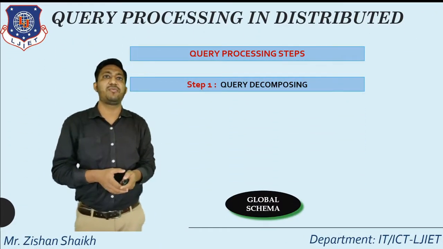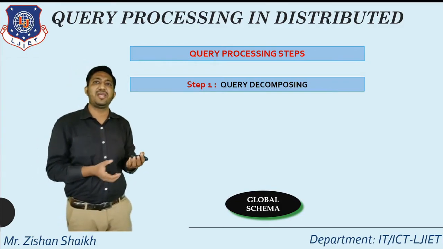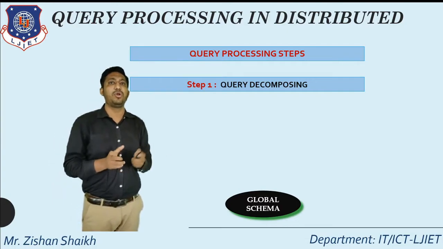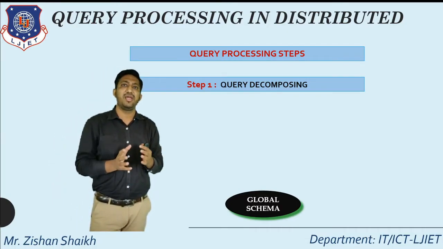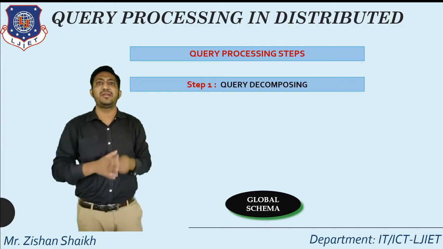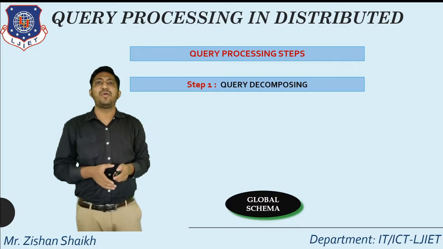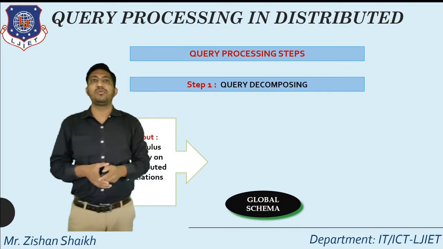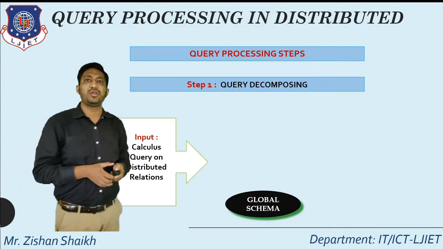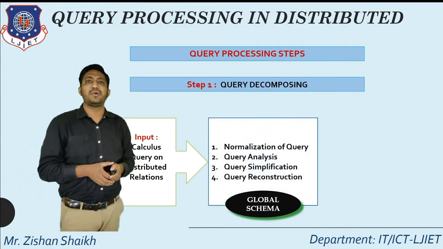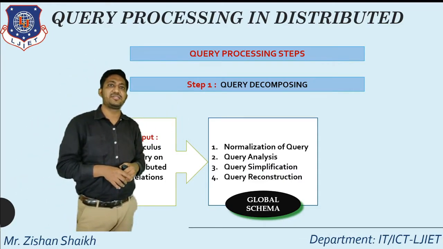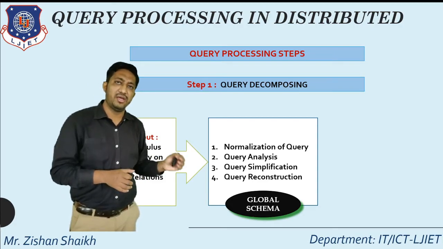The first step is query decomposition. How exactly is the query decomposed? The query is decomposed with the help of the global schema. Global schema means we cover the whole data as some internal data. For step number 1, we have a calculus query given by the user. Using the global schema, basically four steps will be executed: normalization, query analysis, query simplification, and query reconstruction.